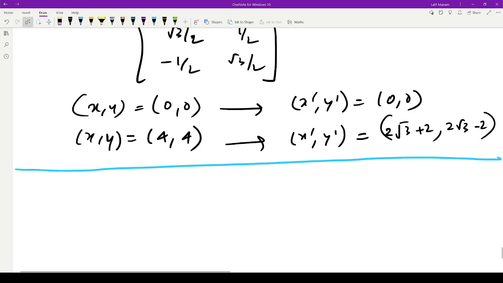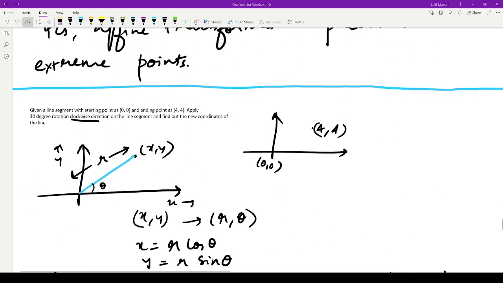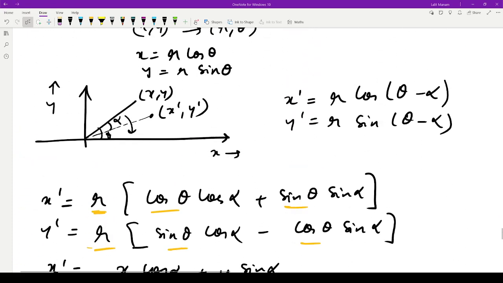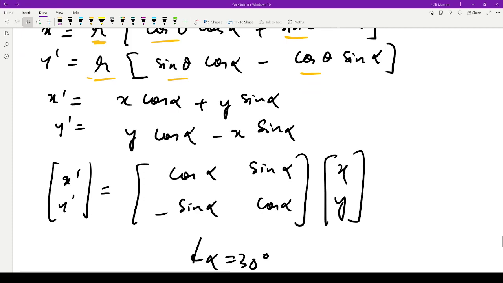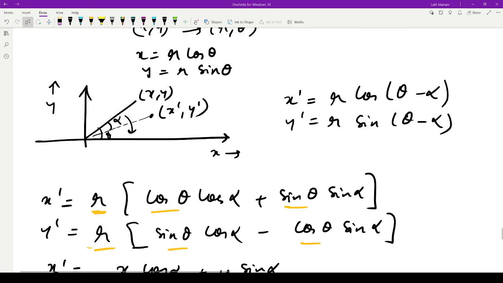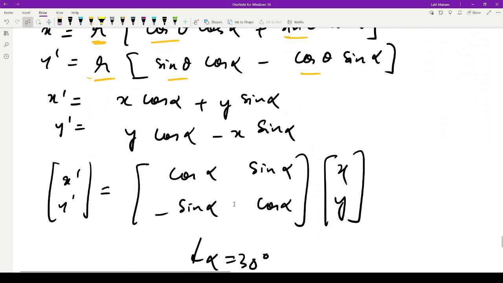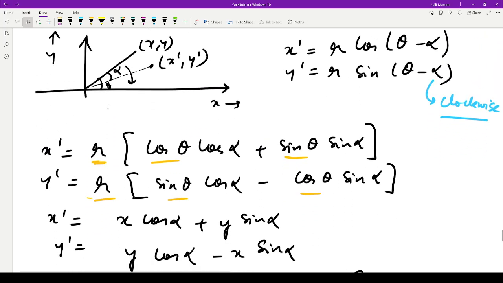Okay, so the next thing is, this is for clockwise rotation. What do you do with anti-clockwise? How will the matrix look? The angle will be theta plus alpha.